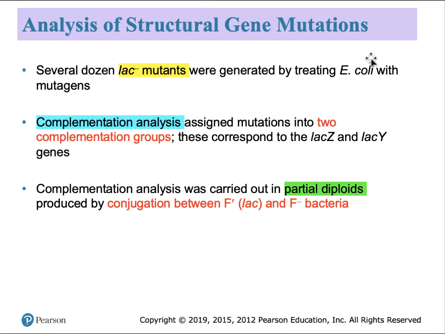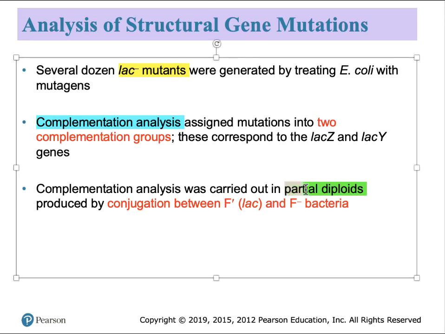This is a situation akin to being diploid. But because only a tiny fraction of the chromosome has a corresponding second piece of DNA, we call those partial diploids. They can be produced by conjugation between a plasmid called the F factor for lactose and a bacterium that is missing the plasmid and only contains its own chromosome.